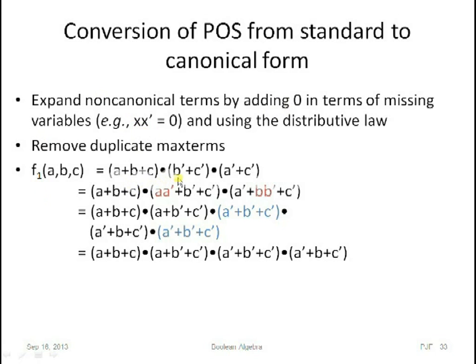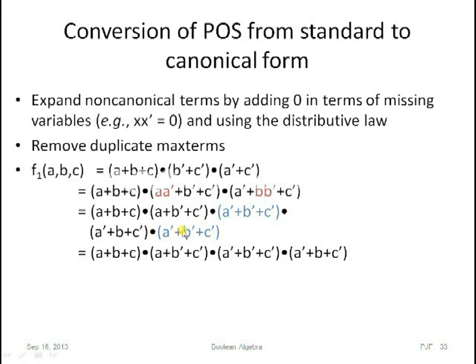Take an example. Here the second term is missing the variable a, and the third term is missing the variable b. So expand it now. Write the first term, and then add a complement to the second, and b complement to the third. Now expand this, and this is what you get.